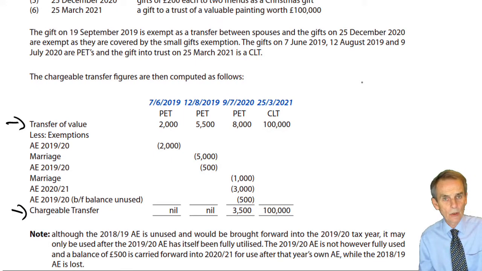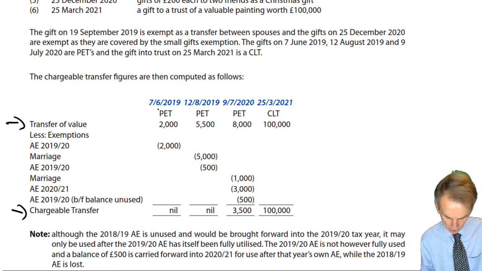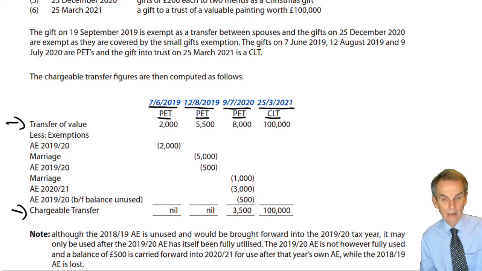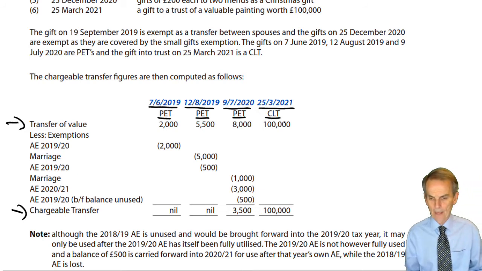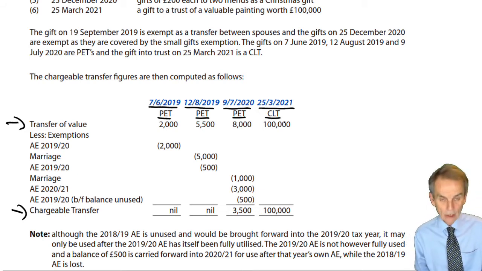We are going to deal with these transfers in chronological order, as we've done with our PETs and CLTs before this, with a column for each based on whatever their dates may be, and whatever the type of transfer may be, which of course, for a lifetime transfer to be chargeable, is either going to be a PET made within 7 years of the date of death, or it's going to be a CLT.